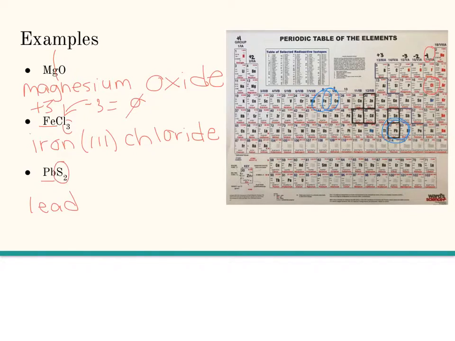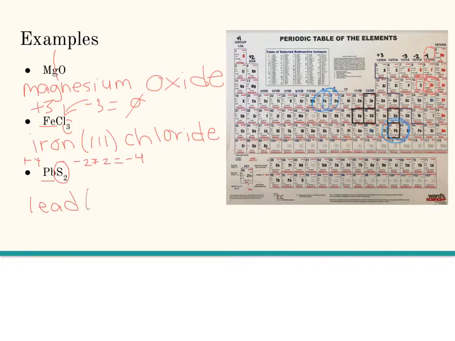Sulfur here is found in group 6, which has a -2. And there's 2 of them, so -2 plus -2 gives me a total negative charge of -4. Again, I need my compound to be neutral, so this means lead is going to be +4.